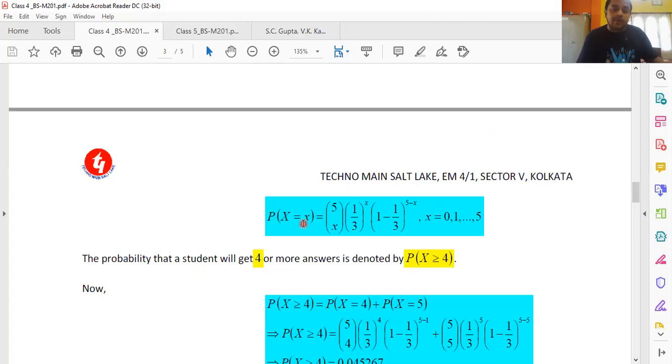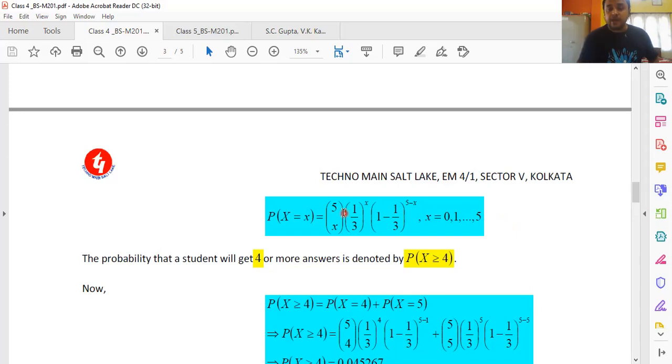Probability of X equals small x, where capital X is the random variable that gives you the count of the number of correct answers, and small x gives you how many correct answers. He gets exactly x right answers, by the binomial probability law, given by the formula nCx, that means 5Cx, p to the power x, that is (1/3)^x, times (1 minus p) to the power n minus x, that is (1 minus 1/3)^(5 minus x), where x equals 0, 1, 2, and so on, up to 5.